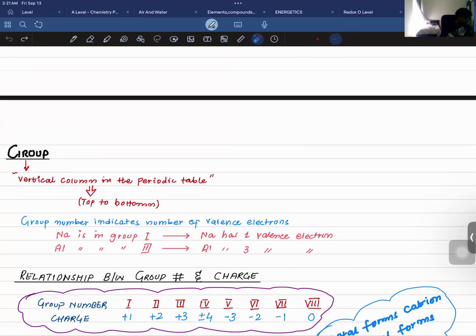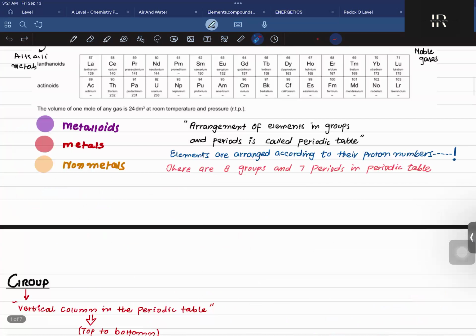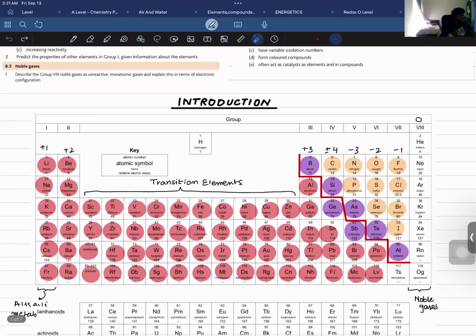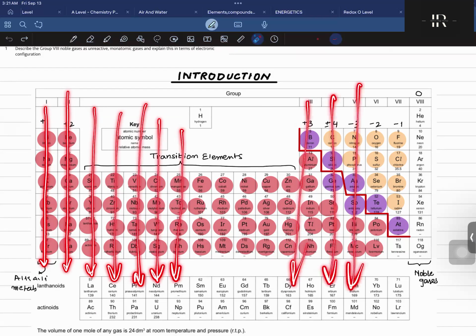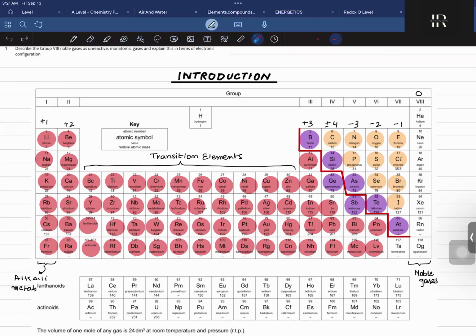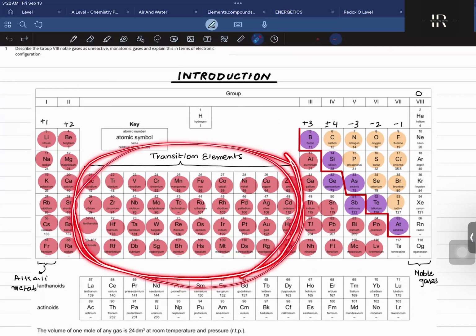So they are groups. If you count in the modern periodic table, 1, 2, 3, 4, 5, 6, 7, 8, 9, 10, 11, 12, 13, 14, 15, 16, 17, 18. I can say that there are 18 groups, or exclusively, excluding the transition metals, there are 8.